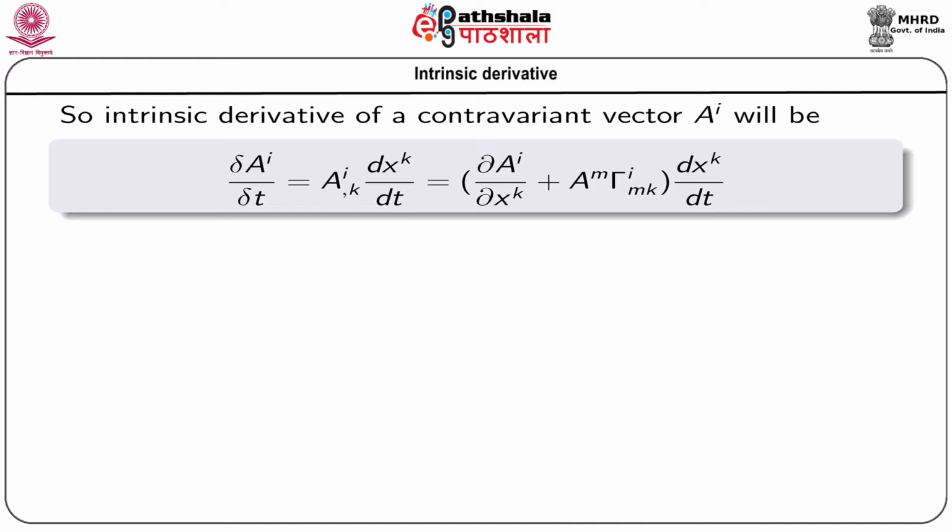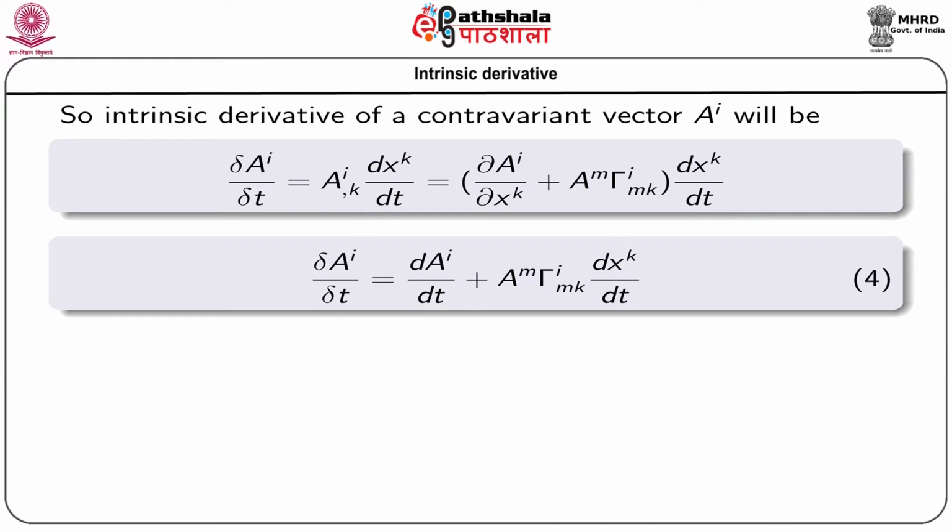Multiplying by dxk/dt, and from the theory of partial derivatives, the first term on the right hand side will come to dai/dt plus am gamma i m k dxk/dt. So, equation number 4 is the intrinsic derivative of a contravariant vector whose components are ai.